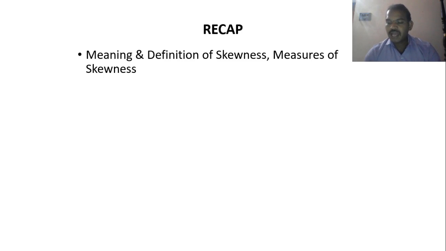And Morris Hamburg says skewness refers to the asymmetry or lack of symmetry in the shape of a frequency distribution. These are the definitions given by Croxton and Cowden and Morris Hamburg. This relates to the earlier session.